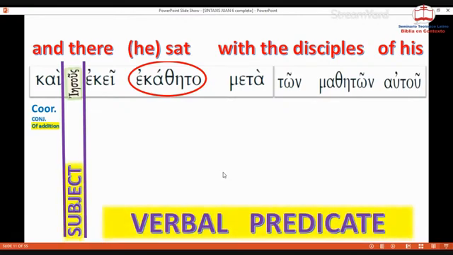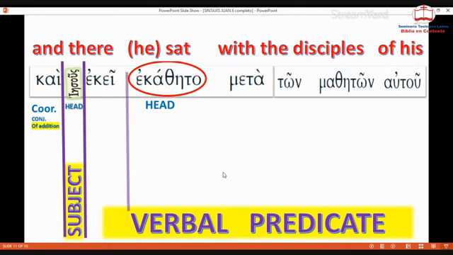So we have now the subject and the verbal predicate. Jesus sat is a verb of action. It's not a linking verb. So that's why we have a verbal predicate. And we will find the head of each part. The head of the subject is Jesus itself, and the head of the verbal predicate is ekathīzeto. Then we have to analyze each part here.